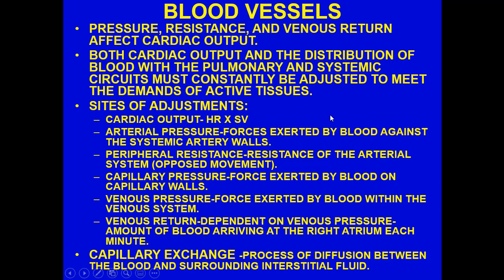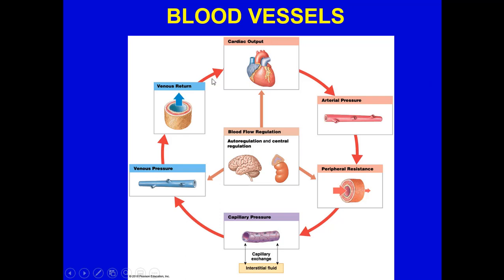When we talk about capillary exchange, it's the process of diffusion between blood and the surrounding interstitial tissue. So all of these are going to play a role in what we would call in real time, minute by minute changes to adjust the blood flow to the metabolic needs of the different areas of the body.